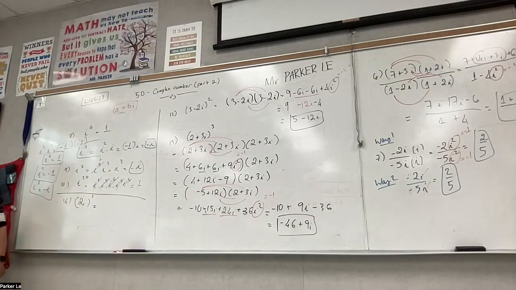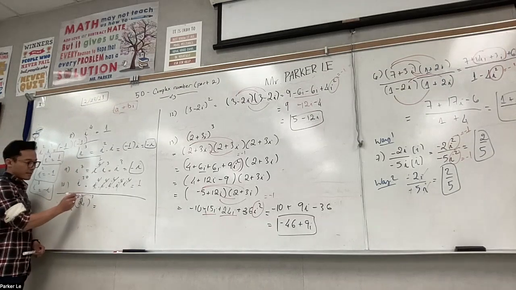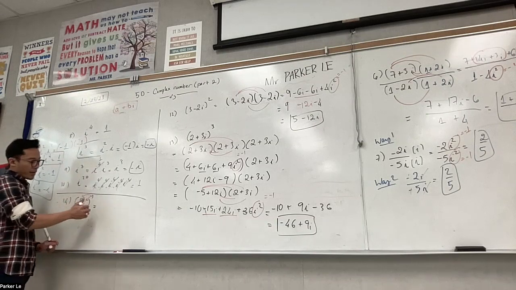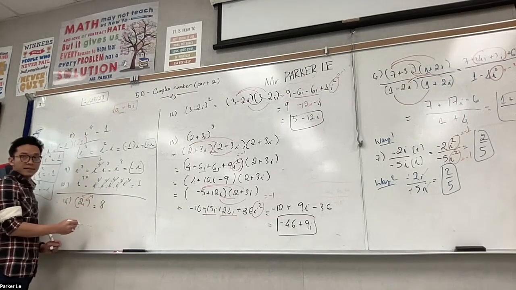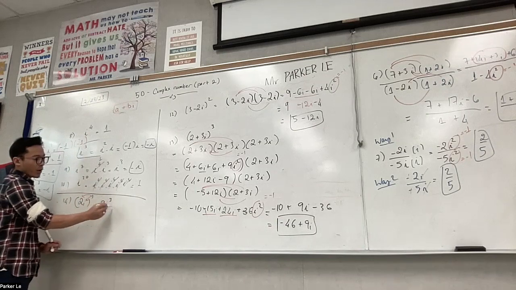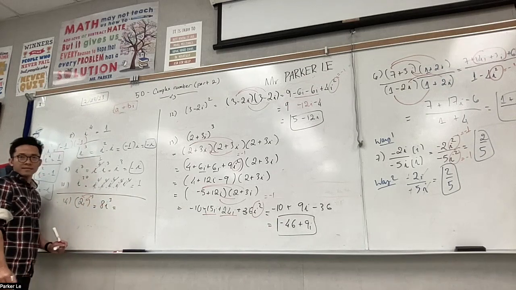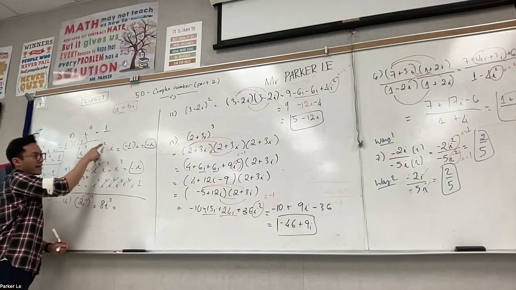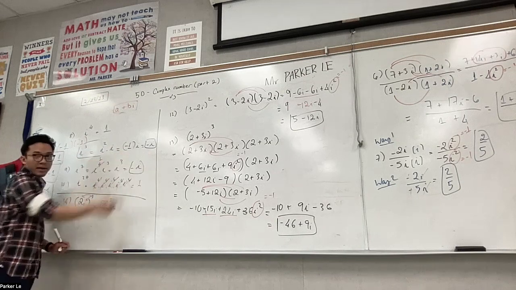Last one. What do you want to do with this? Apply the power, right? 2 cubed is 8. i cubed is i squared times i. i squared is negative 1, and negative 1 times i is negative i.